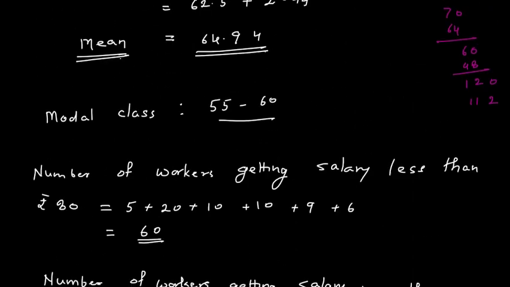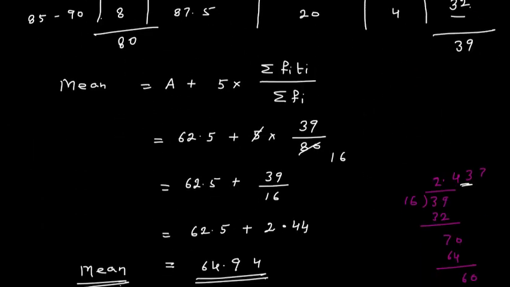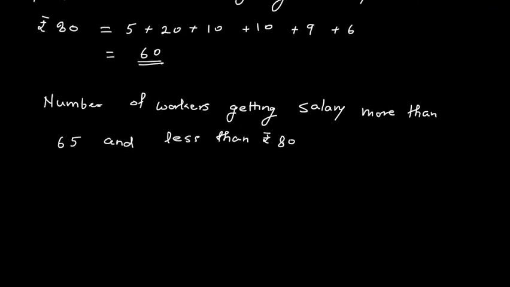So between 65 to 85, not 80. So how many workers are getting more than 65 and less than 85?